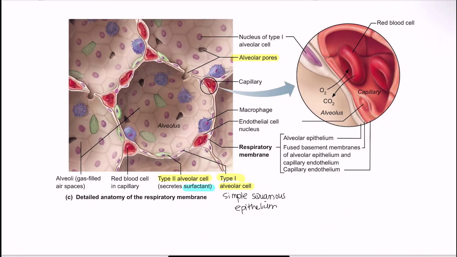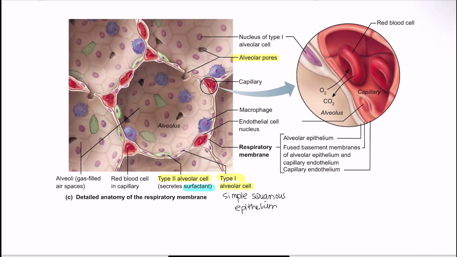Surfactant is kind of like this stuff that reduces surface tension, kind of like a soap. We'll talk more about it in a little bit. But it coats the inside of the alveolus. So in my blue highlighter, it just kind of coats the inside of the alveolus to make sure that it's all smooth. We reduce that surface tension. I want to see more things in the proper color, so I'm just going to erase it.